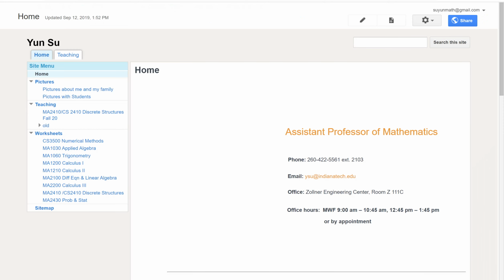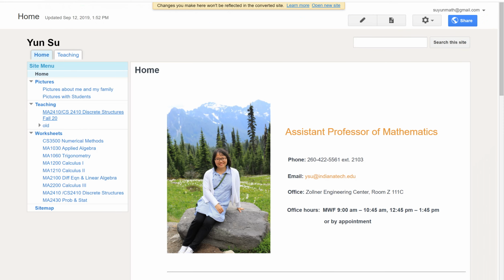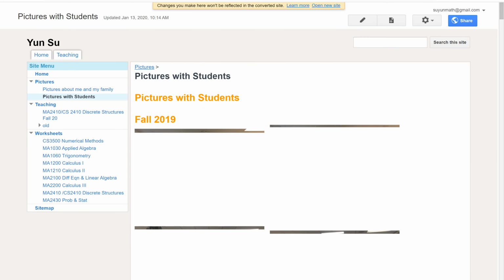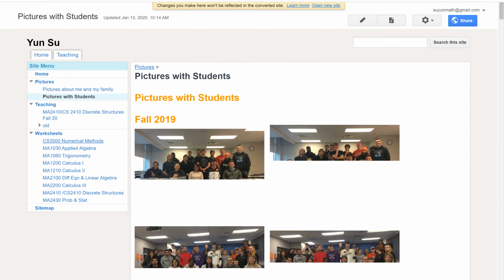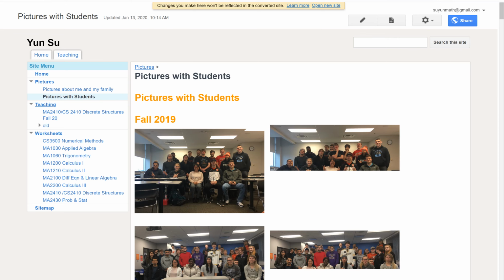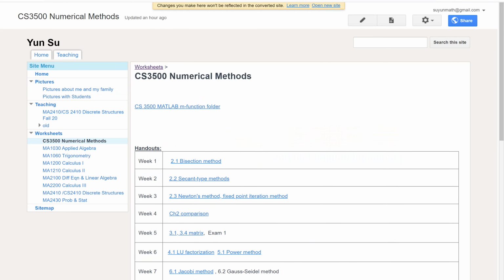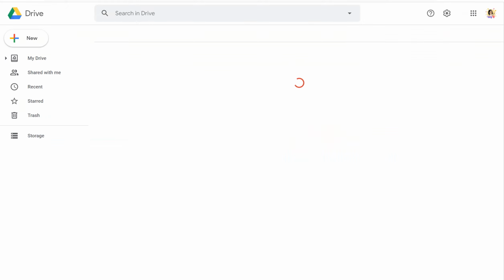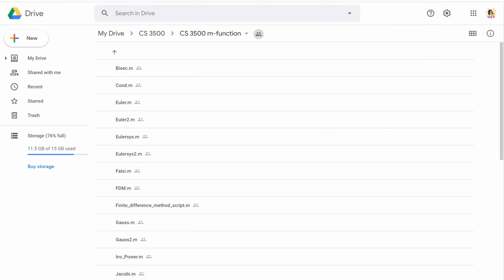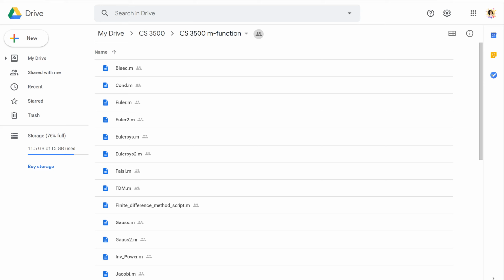Usually you will see the course I'm teaching, and you can see pictures of me and my family and with my students as well. I'm still preparing our course websites, but down in the worksheets you can find our MATLAB M function folder. Then you just click it, and you can download all these M files to your personal computer. So those are the M files.